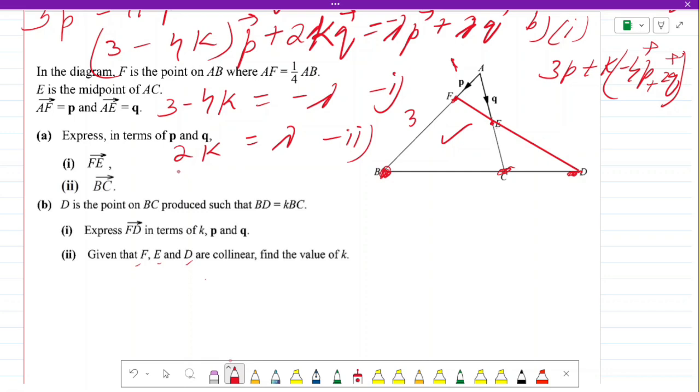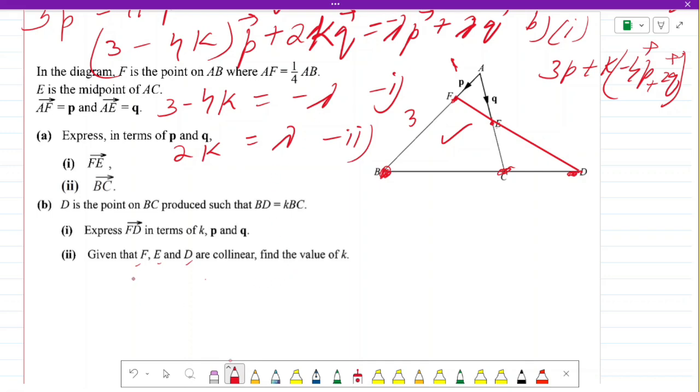Now we just plug in the value of lambda, that is 2K, in equation 1.